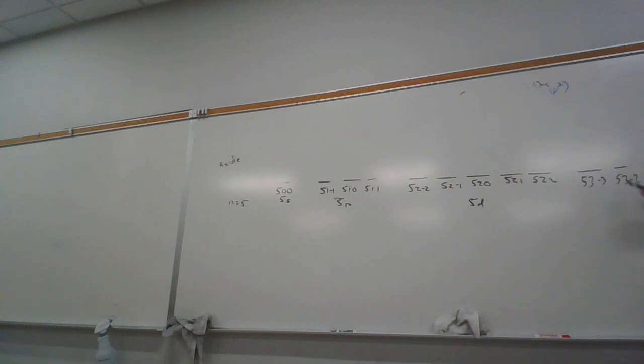So how many is that? 1, 2, 3, 4, 5, 6, 7. There are 7 5f orbitals, and they have different shapes and different orientations.